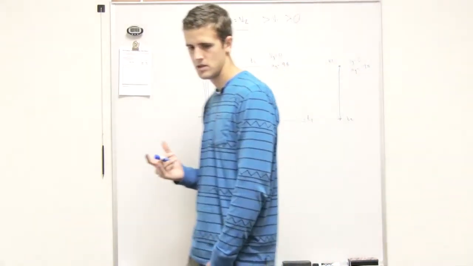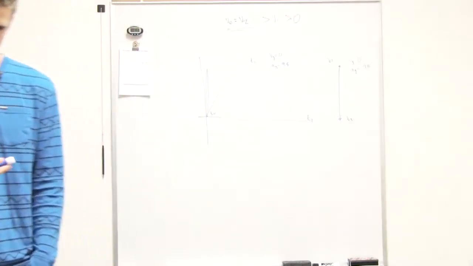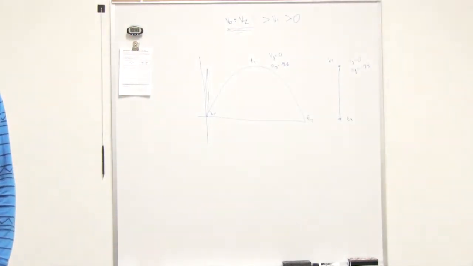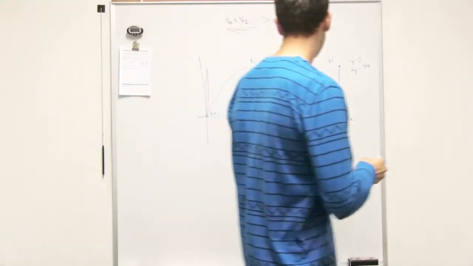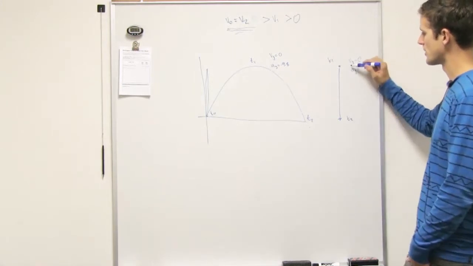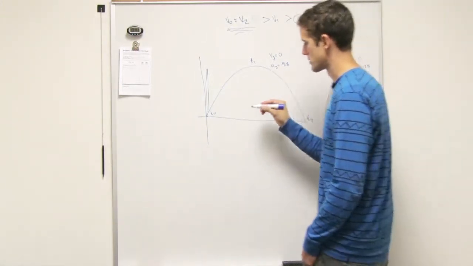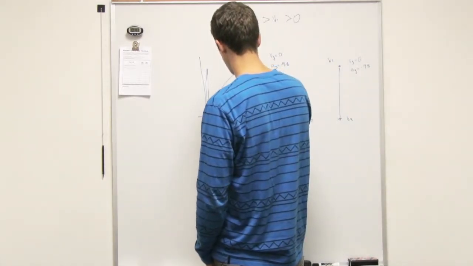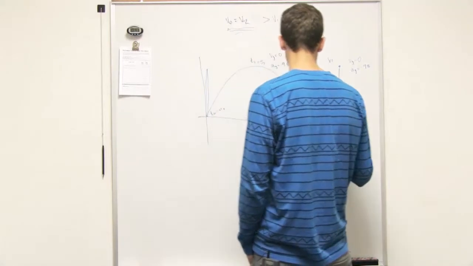This one is asking, the answers are like T0, T1, T2, T naught. Does that mean it's just saying that you drop it from this height? So maybe this is 0 seconds, this is 5 seconds, and this is 10 seconds.